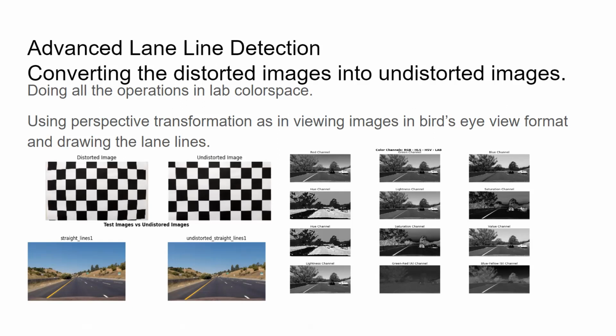So we want to convert the distorted image into an undistorted pure image so that we get the exact vertex of each and every point on the image. Because the chessboard has proper black and white contrast, we can easily find the undistorted vertices.